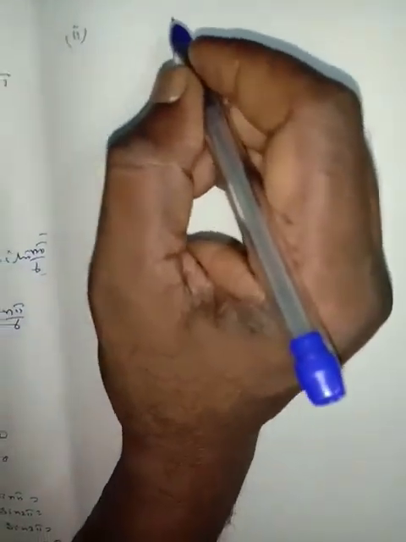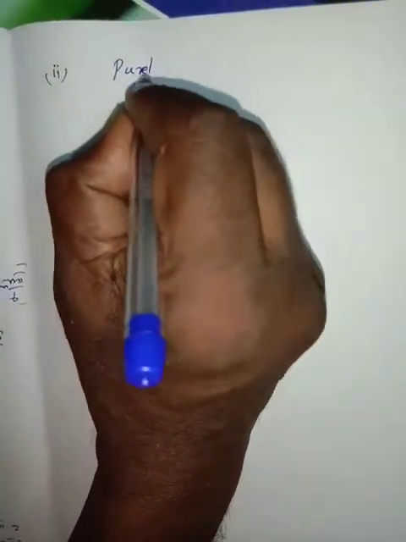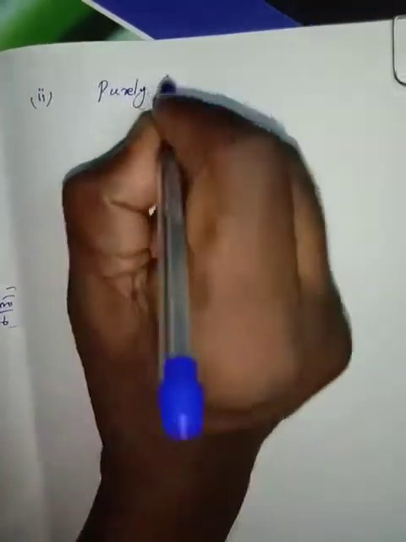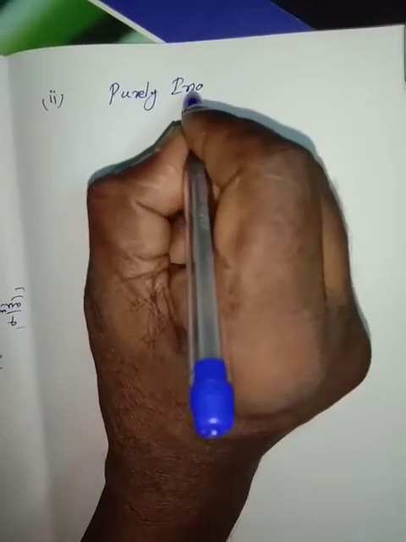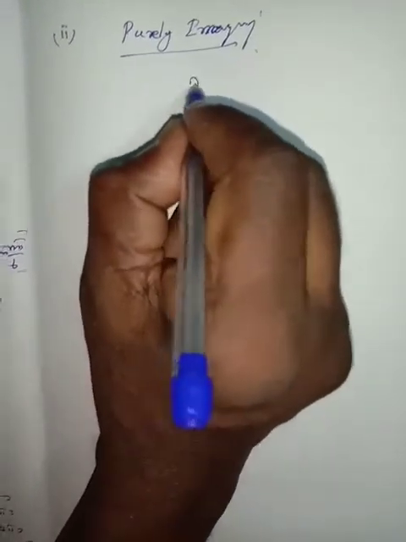Now subdivision number 2, purely imaginary. Purely imaginary means condition is z is equal to minus z bar.